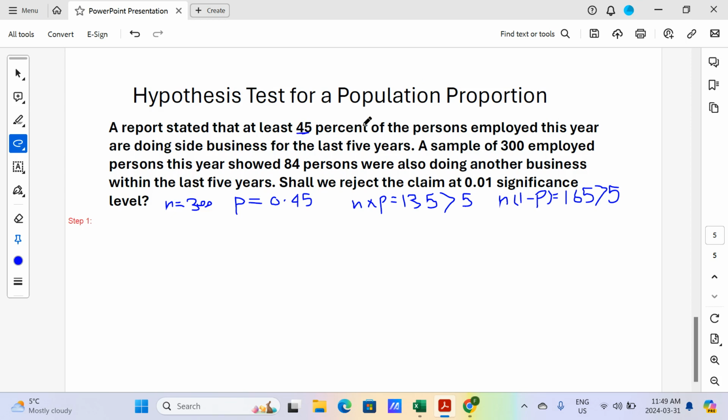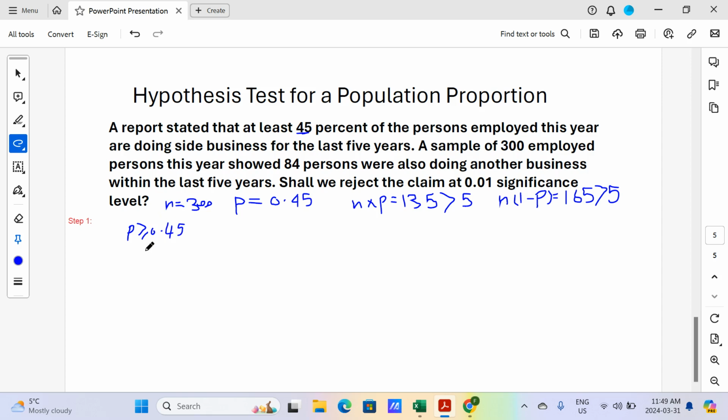That's the proportion of the persons employed this year and doing side business for the last 5 years. Okay, so it says population proportion P is at least 45%.